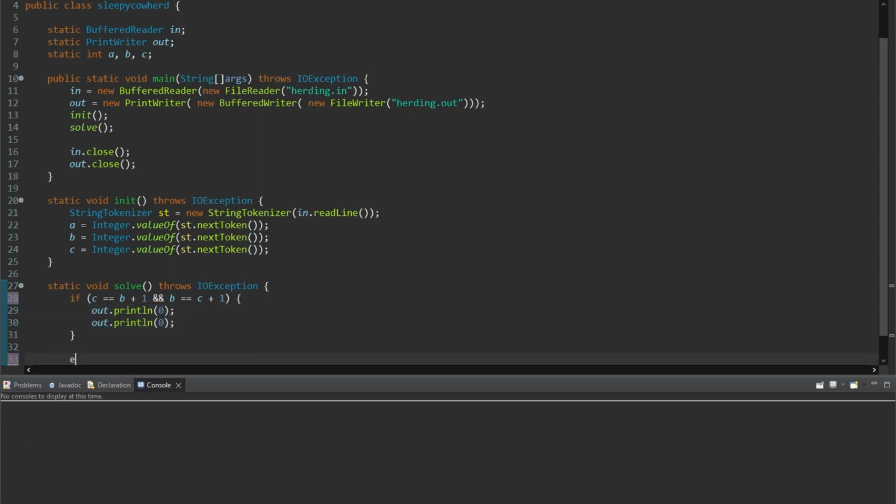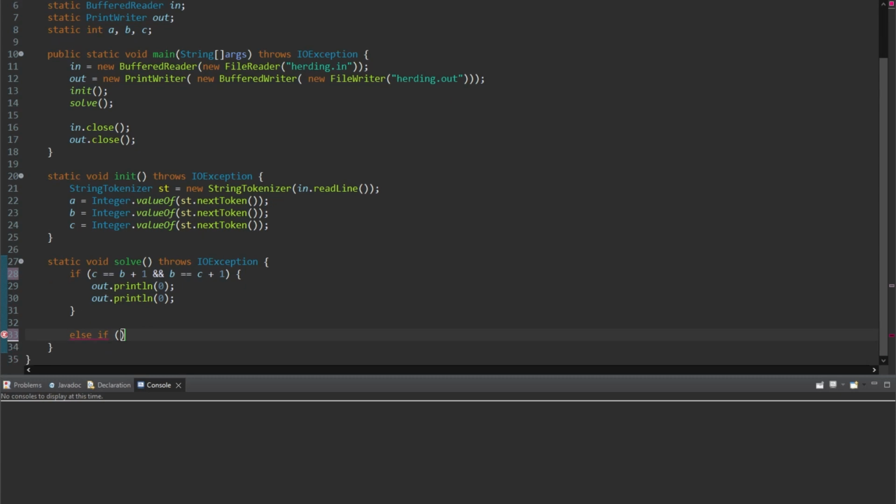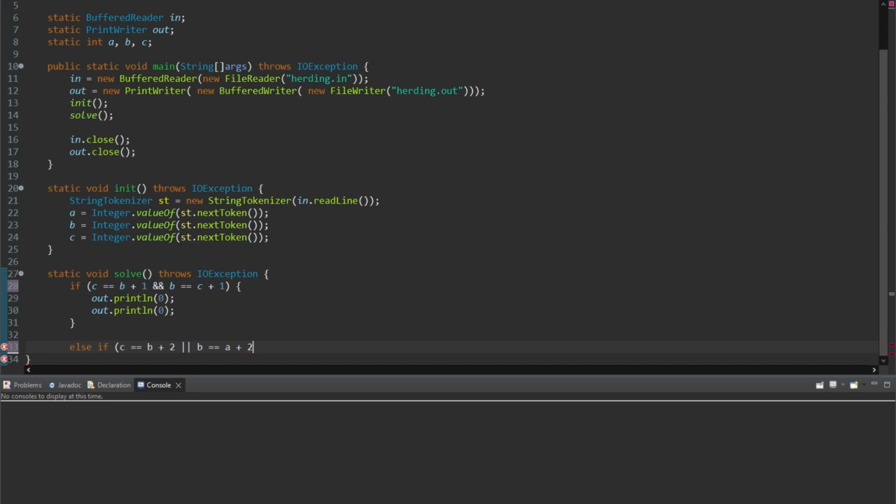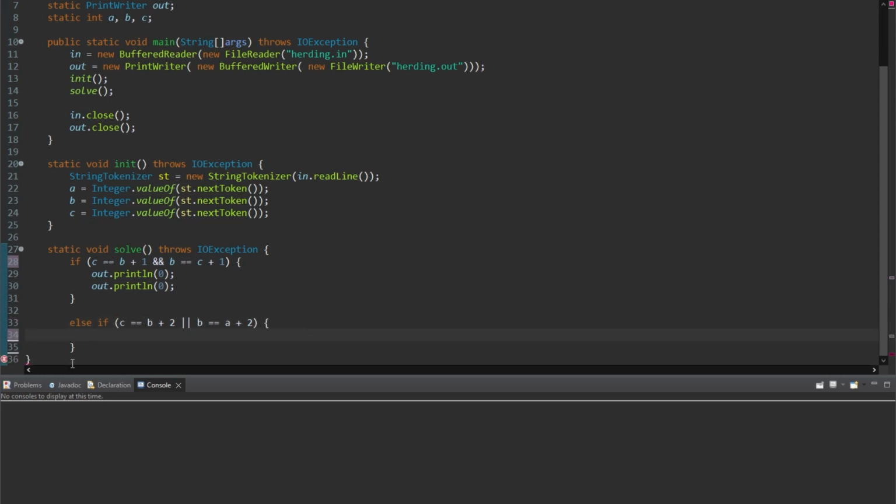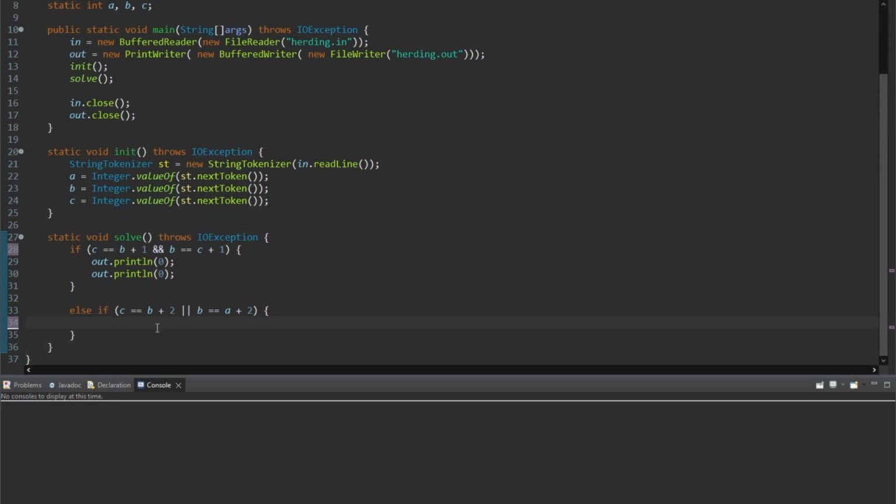Now, if it's not this case, we're going to do an else if, and we're going to say if C equals B plus 2 or B equals A plus 2, right? And if this is the case, then first we need to print out 1 because that's the minimum.